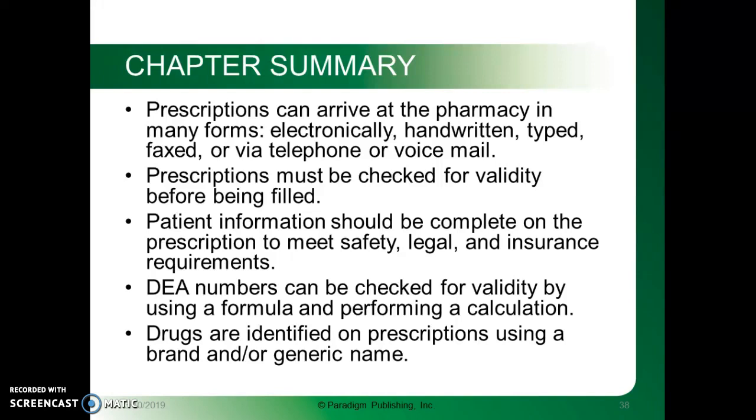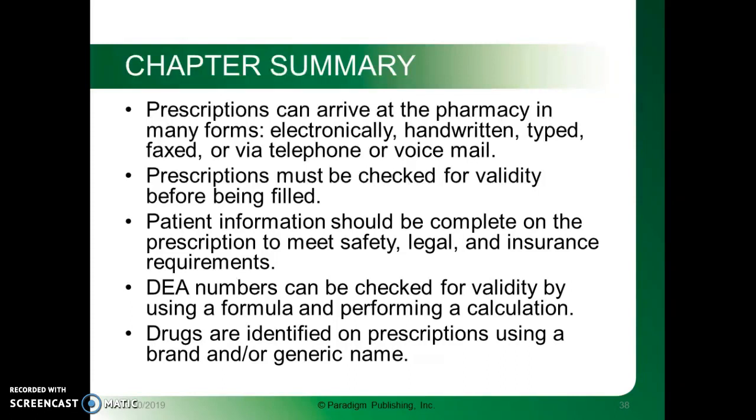So you have to make sure that all the information is there: patient information, physician information, the sig of the medication, the quantity of the medication, the signature of the patient, when the prescription was written. All that information needs to validate it before you fill the prescription.